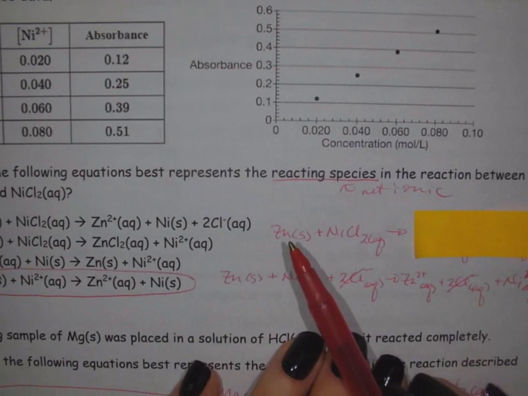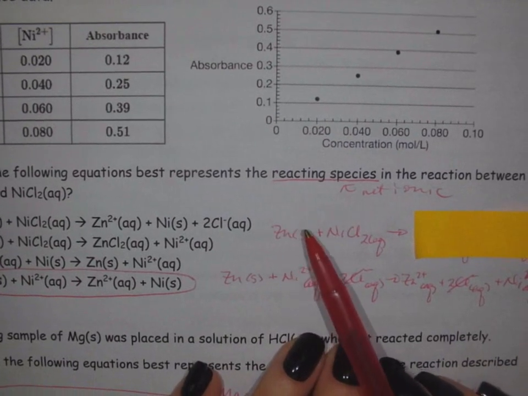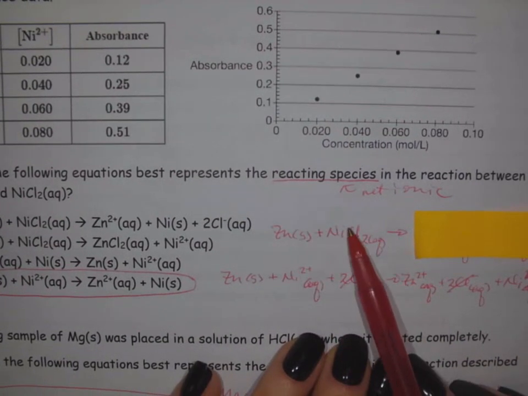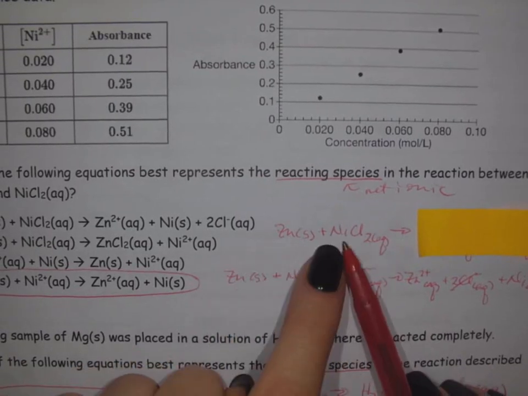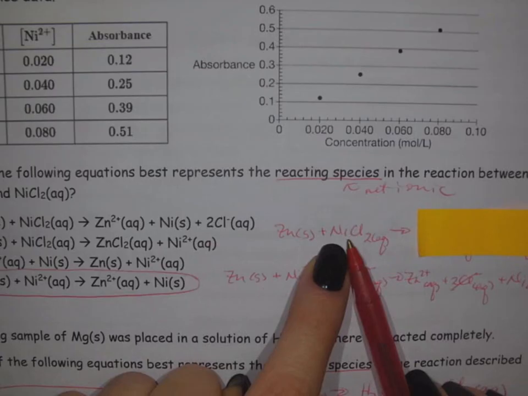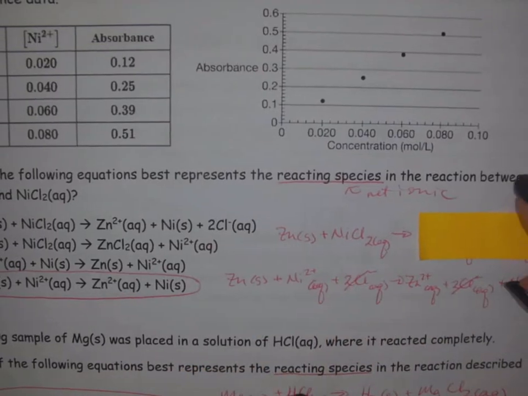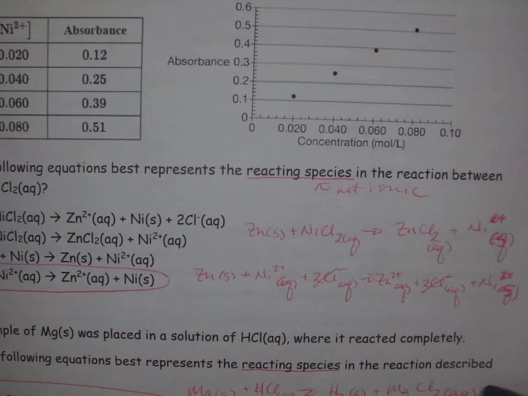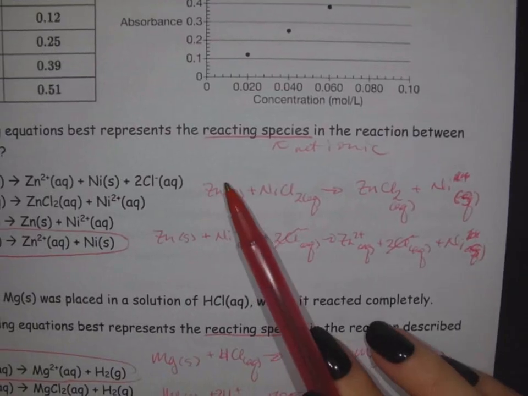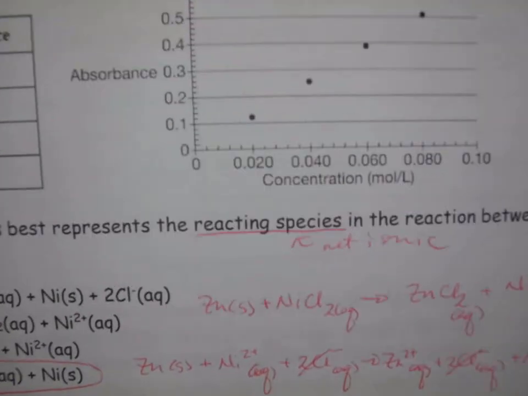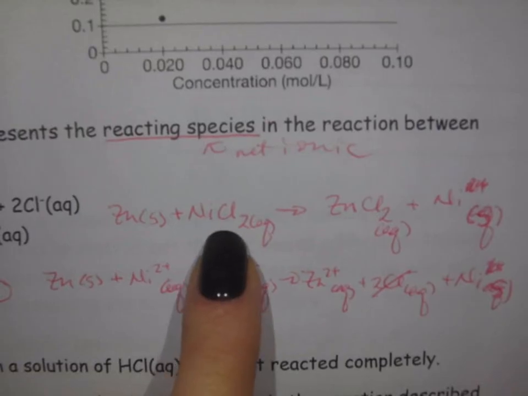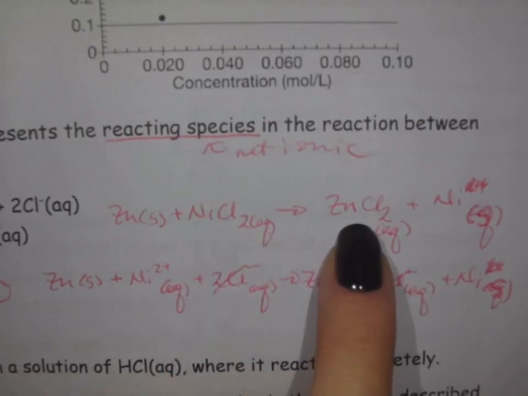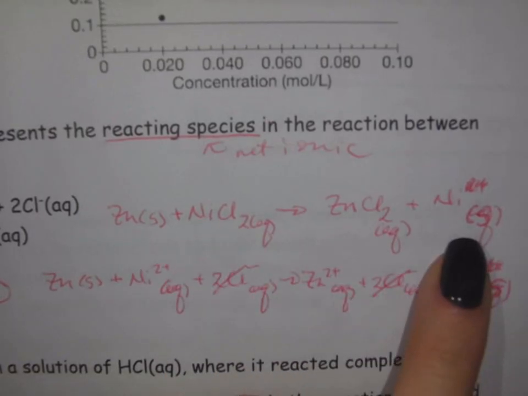When you have a metal that's a solid and it's reacting with an aqueous solution, that metal is going to replace the other metal, and then the other metal is going to become a solid. So see how the zinc solid reacts with nickel chloride to form zinc chloride and then nickel solid.